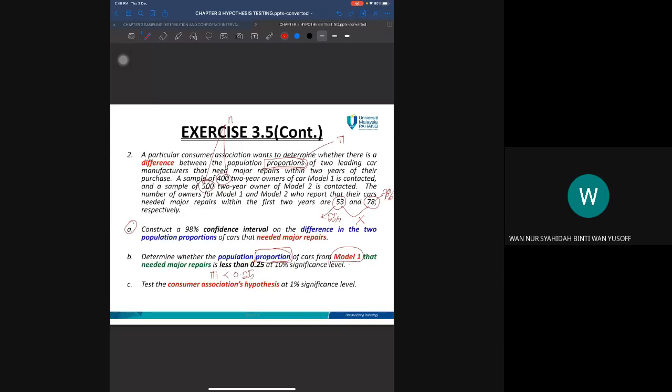H0 or H1? H1. So H0 is the opposite, pi 1 greater than or equal to 0.25. So the claim is at H1. For this proportion, it is not really crucial. As long as you know that it is a proportion, the rest should be easy because we have a single formula to represent that.